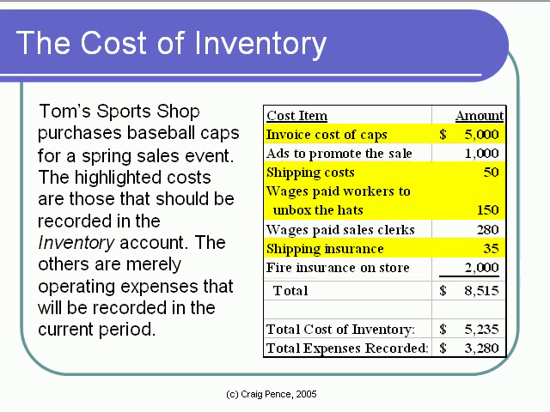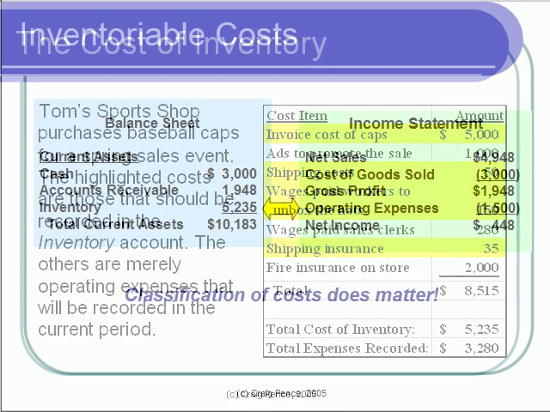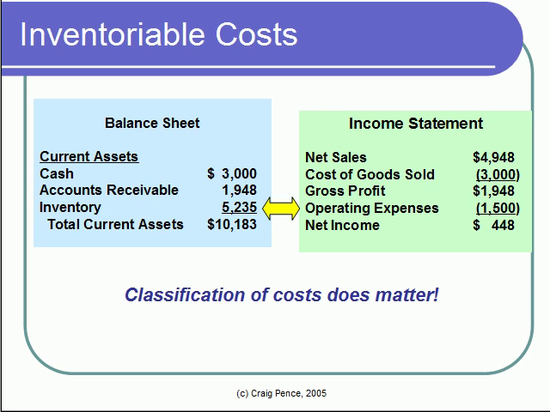There are certainly a lot of rules regarding the costing of inventory, and you may wonder why this whole process is so complicated. The reason is, when a cost associated with inventory is incurred, we have two choices regarding what we do with it. It could be recorded as part of the cost of the inventory, or if not that, it will be recorded as an operating expense of the period.